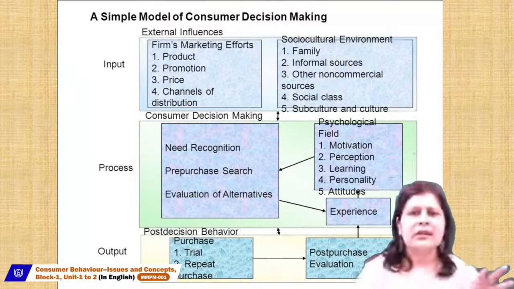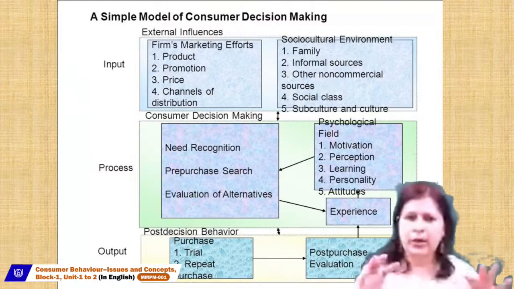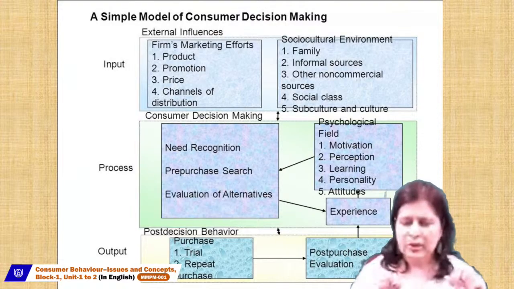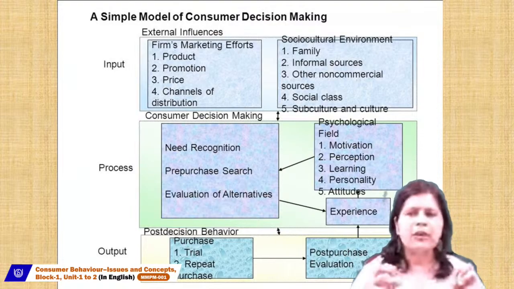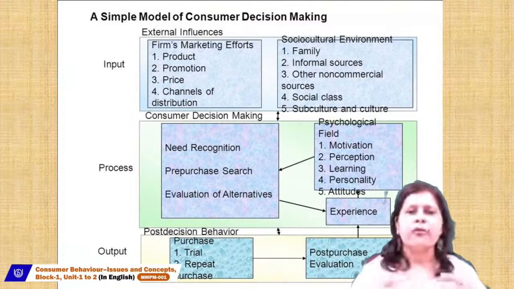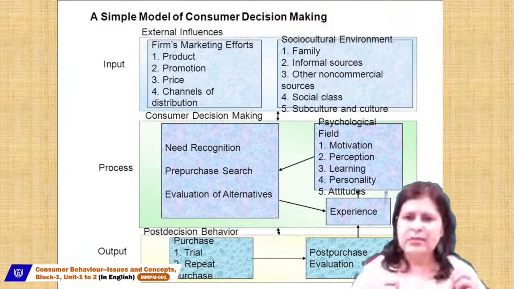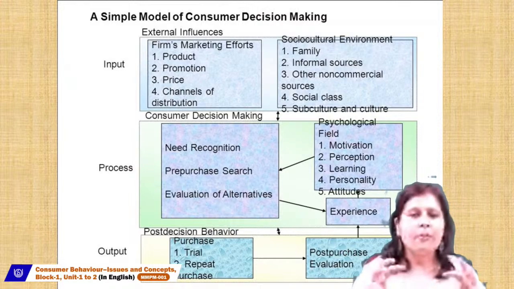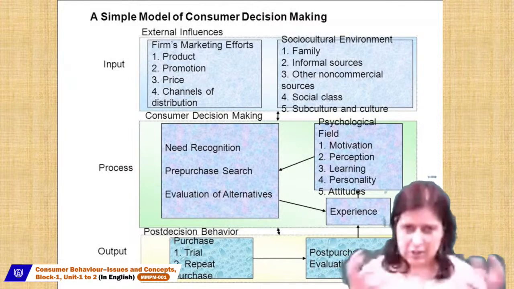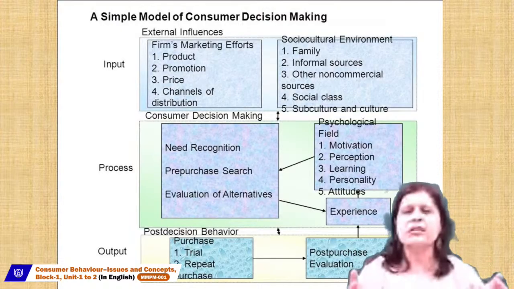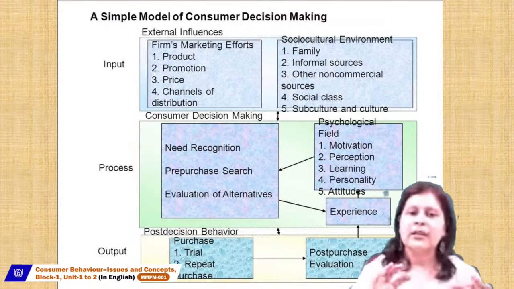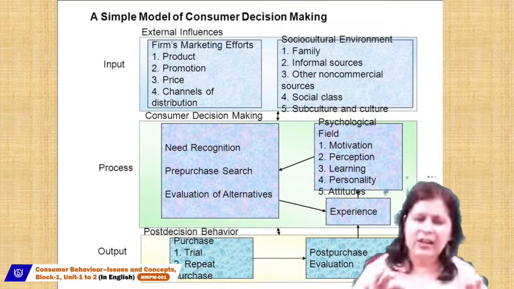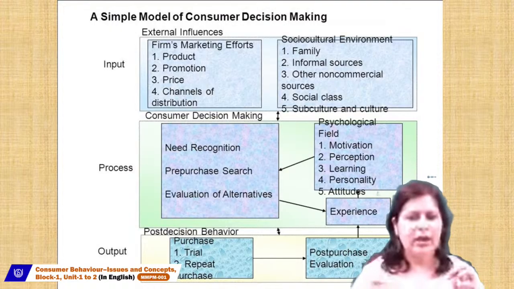This is a simple model of consumer decision making. Consumer behavior includes decision making, and various factors influence the consumer decision process. It is a complex process. There are many inputs, we process those inputs, and then we get the output.